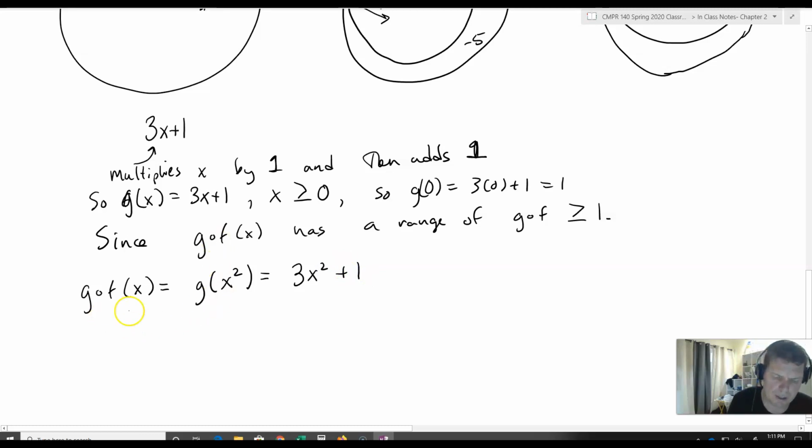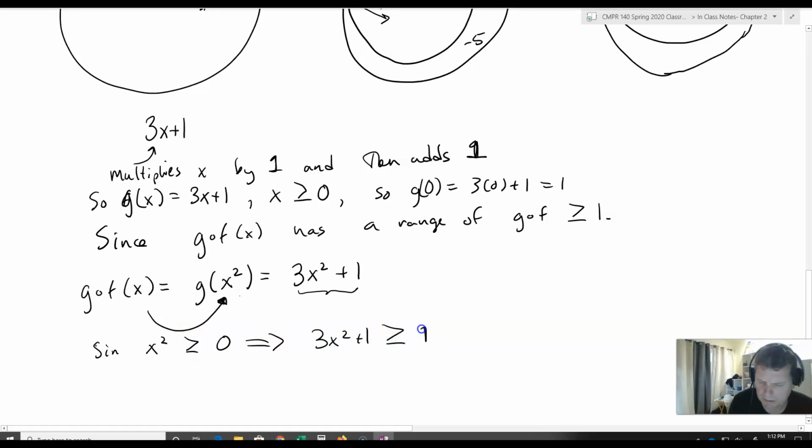So instead of composition, what we're going to do is plug in the value for x squared into every value of x in g, and that then becomes our new value, okay? And you can kind of see here, since x squared must be greater than or equal to 0, that 3x squared plus 1 has to be greater than or equal to 1. There's just a little bit of algebra that goes into that, okay? And that's how we think about composition.